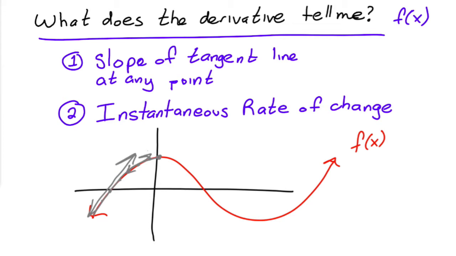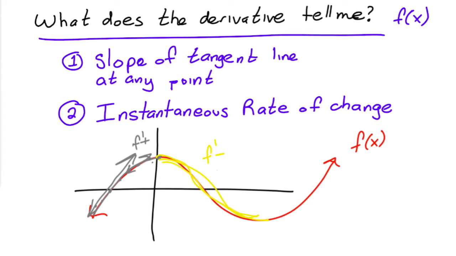So if the derivative is positive, that tells you the function's increasing. If the derivative is negative, like it is right here, that tells you your function is decreasing.